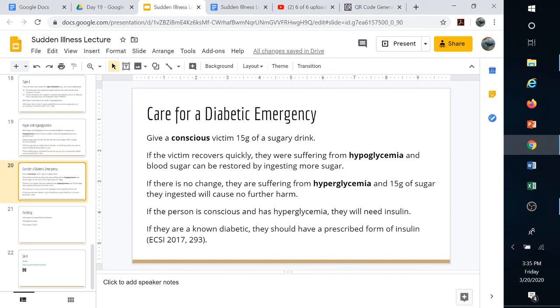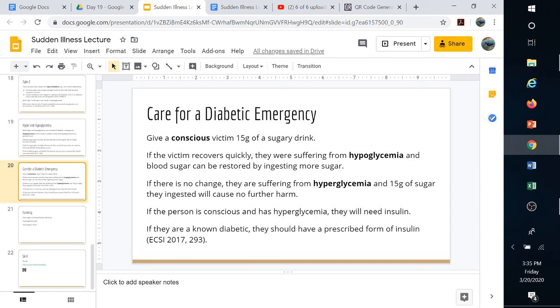This list of care causes the most controversy. And I'm just following what the American Heart Association, American Red Cross, and ECSI say, all of their standards are the same. So this is if you don't know what they're suffering from, and as long as they're conscious, you give them 15 grams of sugary drink. So we're talking about maybe half a can of soda, right?